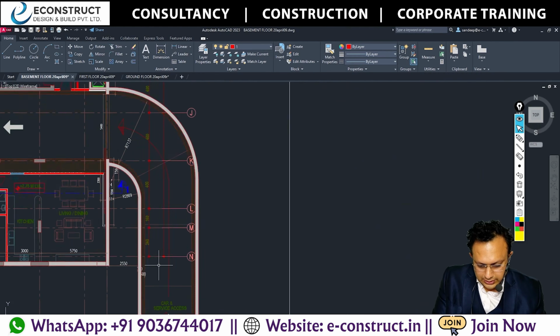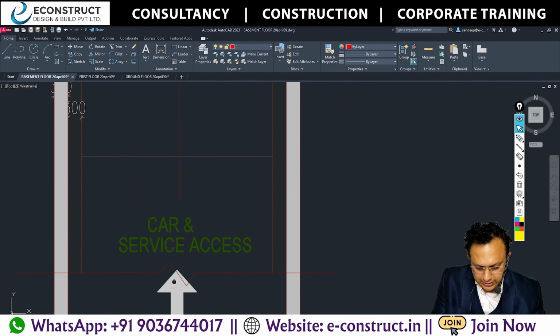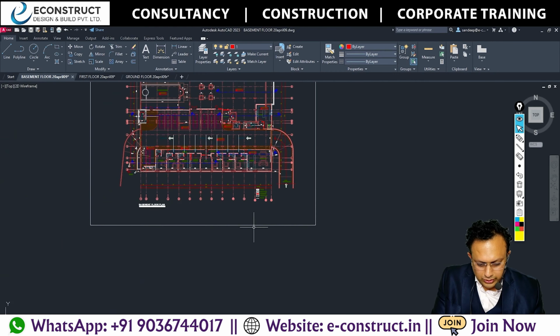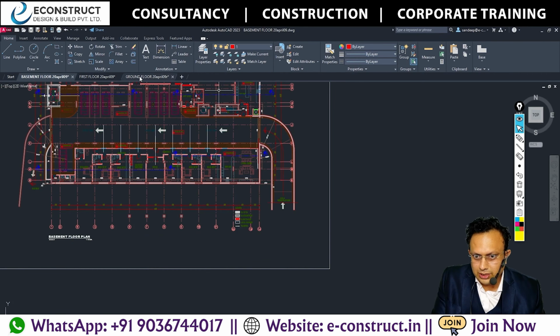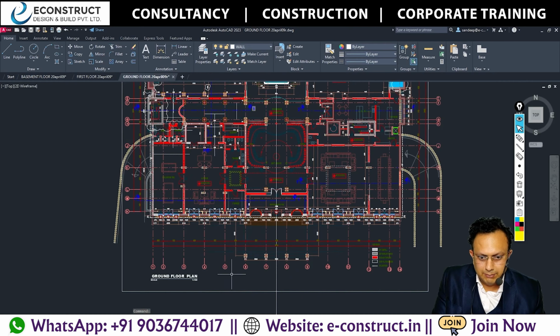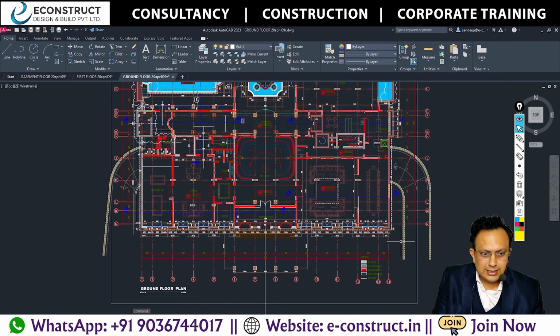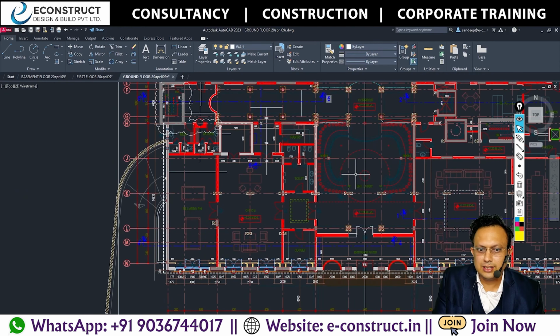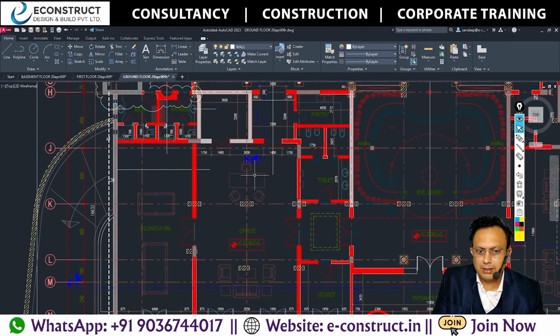On this side there is a car service access. So yes, there is a road on the other side. I'll show you the ground floor also, that will be helping you. So you can see that the car is coming and going into the basement. From the basement, you are taking certain steps to come up.